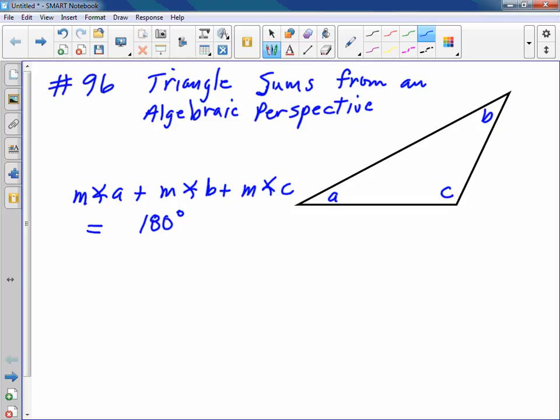I know we've had that before, but it's a very, very, very important theorem in geometry.